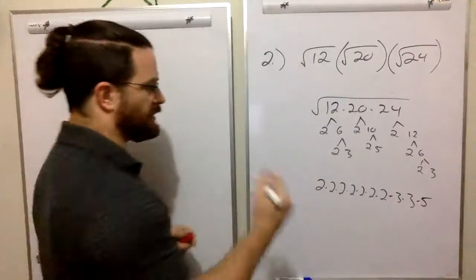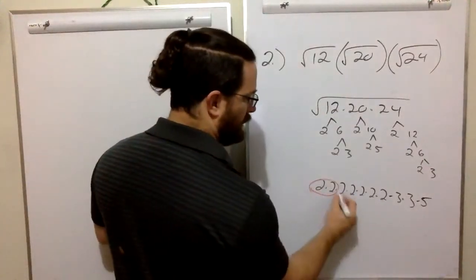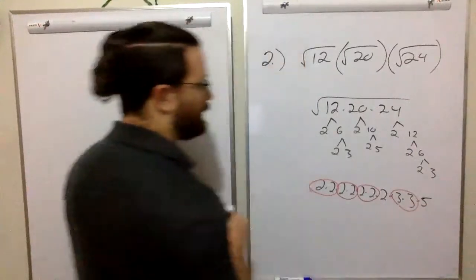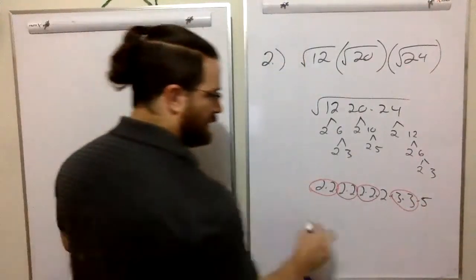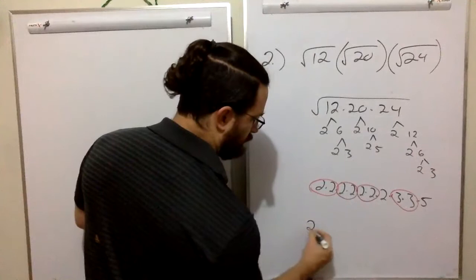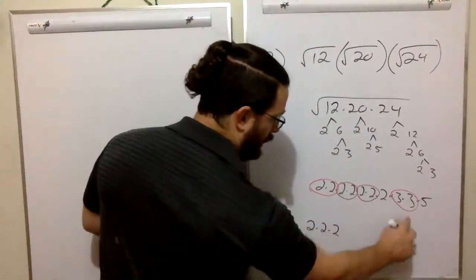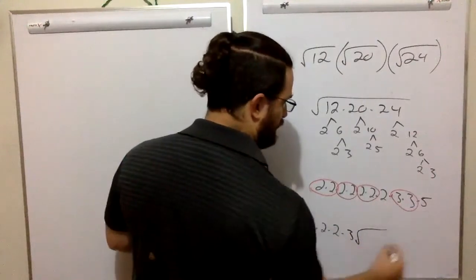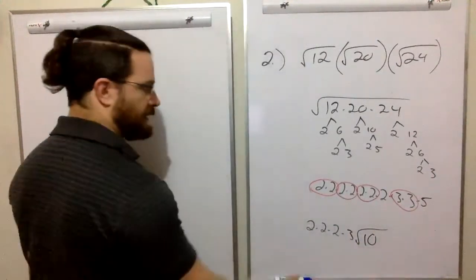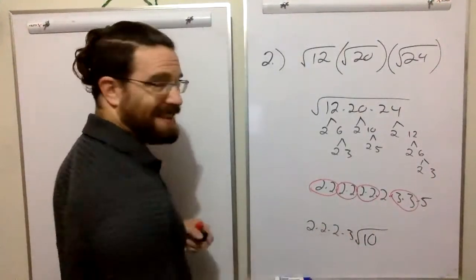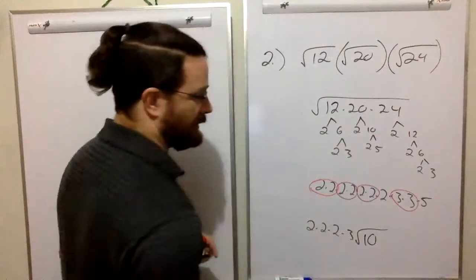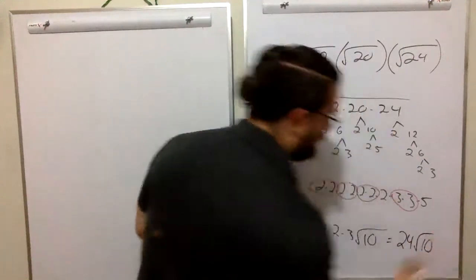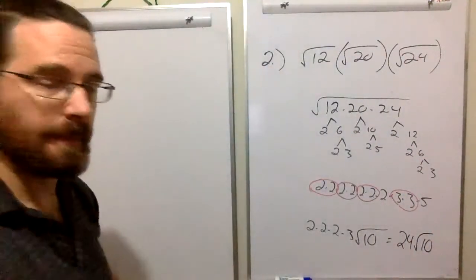Looking for perfect squares, I have a perfect square here, here, here, and here. So what's coming out is three 2s and one 3, and I'm left on the inside with 2 times 5, which makes 10. On the outside, 2 times 2 times 2 is 8. 8 times 3 gives me 24. So I get 24 radical 10.